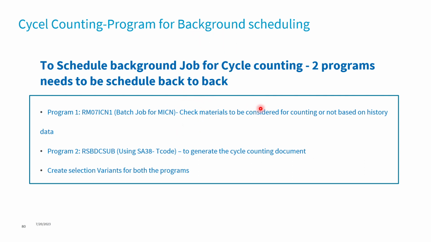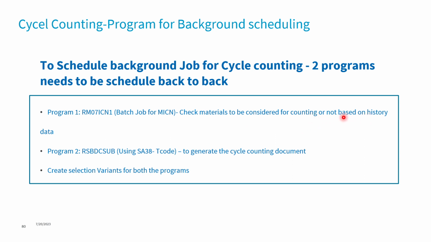To run it, we need to use two programs. Program one is RM07ICN1, which is nothing but the batch job for MICN. What this first program will do is check all the materials which need to be considered for counting based on the history data.